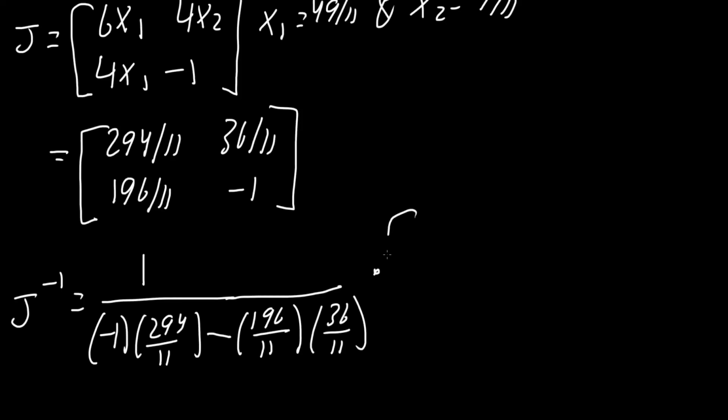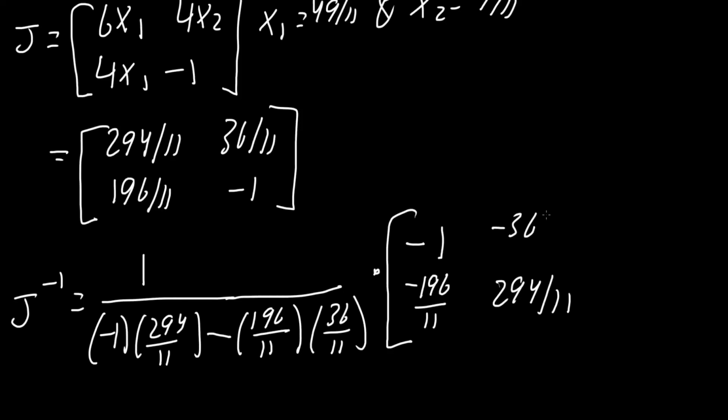This will be multiplied by the new matrix. So where we flip A and D, so this is now A, negative 1, and this is now D, 294 over 11, and then these two become the opposite sign, meaning negative 196 over 11 and negative 36 over 11.